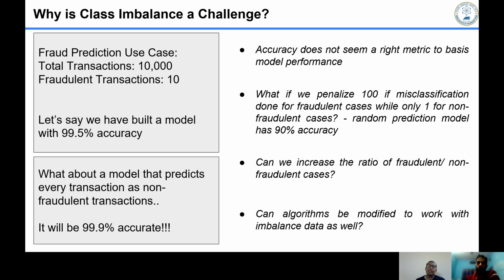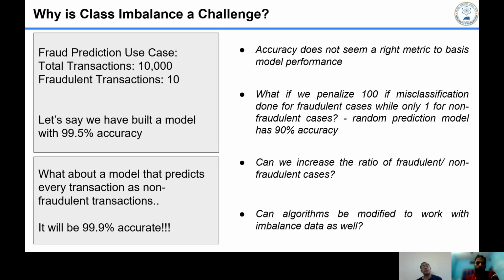We get accuracy of 99.9% in this case, although this is a useless model and it does nothing. In the situation of missing out on flagging an actual fraudulent transaction, the cost of missing out is very high.